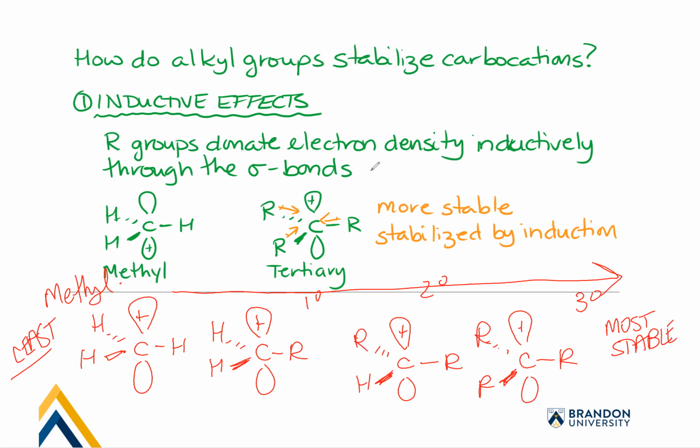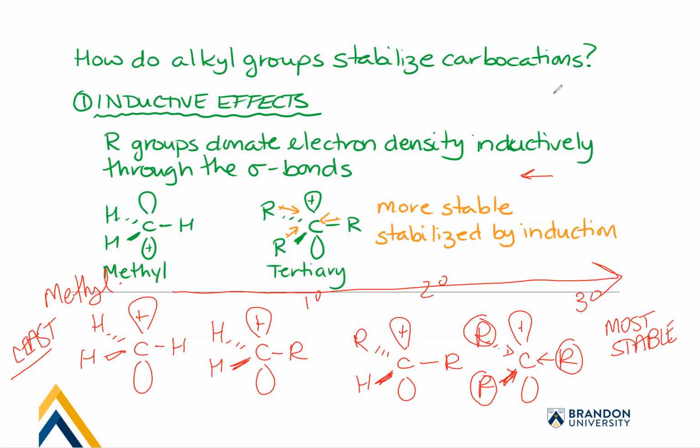This is an inductive effect, the pushing of electrons within sigma bonds. So if you've got more R groups, like a tertiary one, they can push more electron density through that sigma bond to help stabilize that positive charge. So the more R groups, the more inductive effects, the more stable that carbocation is going to be.